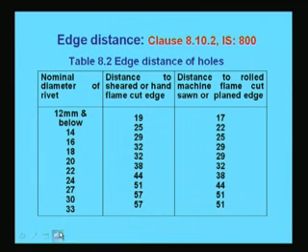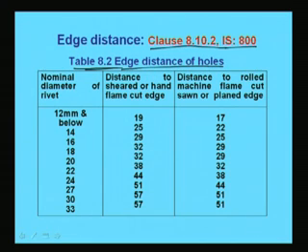Now, the edge distance in clause 8.10.2 of IS 800/1984 has been given in a tabular form in Table 8.2, where the edge distance depends on the nominal diameter of the rivet.